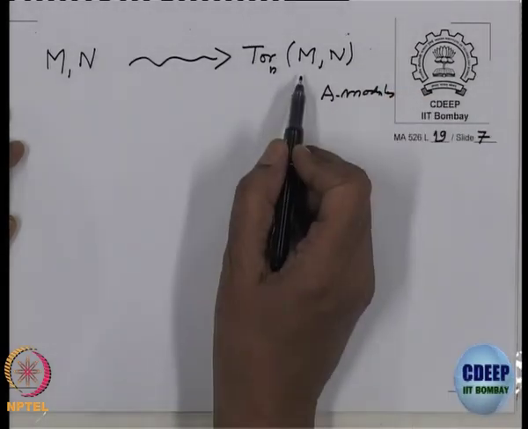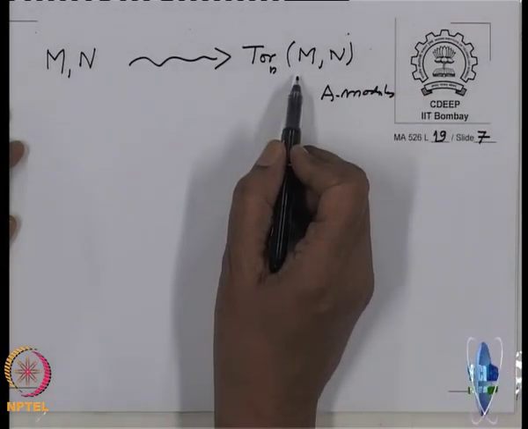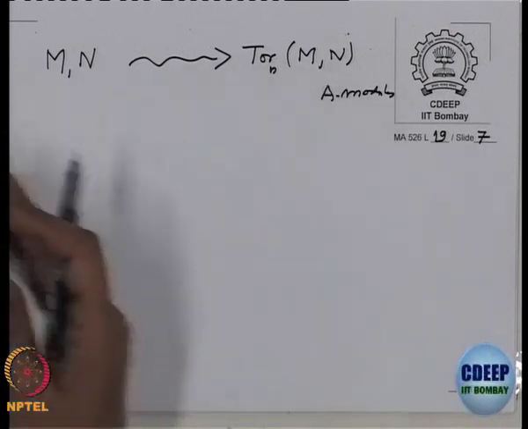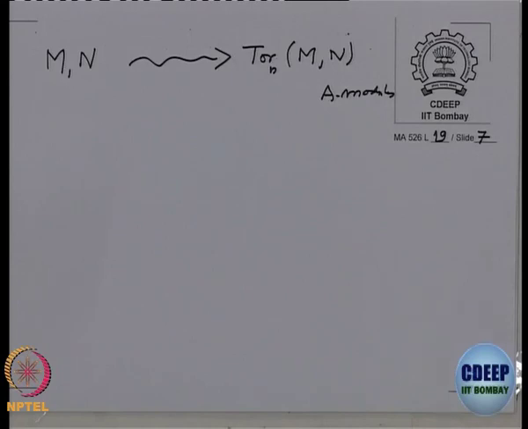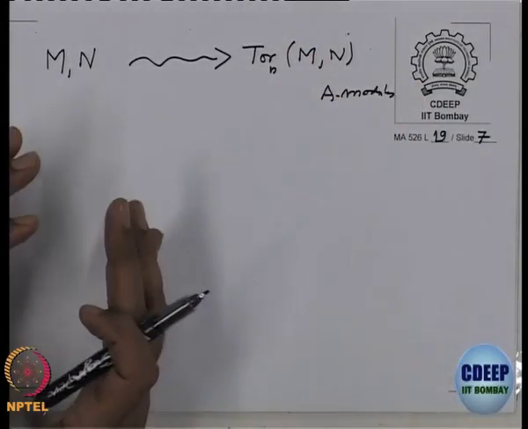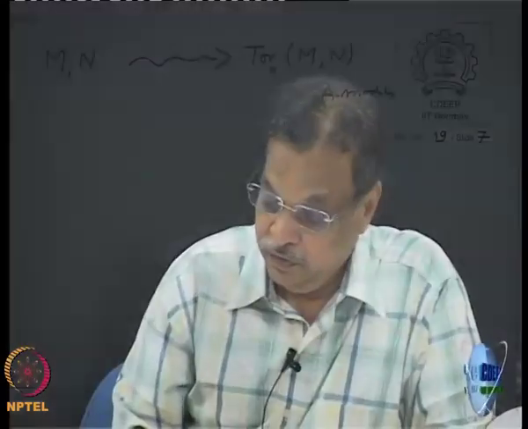And not only that, you remember last time when we had a complex and then wrote the homologies, it had a long exact sequence and connecting homomorphisms. So these Tor with different suffixes are connected to each other by that long exact sequence.